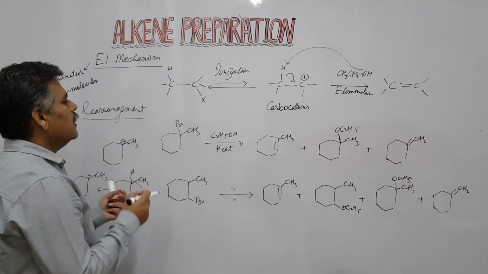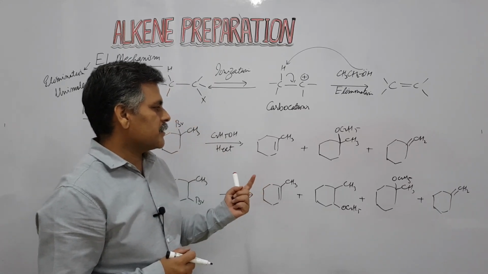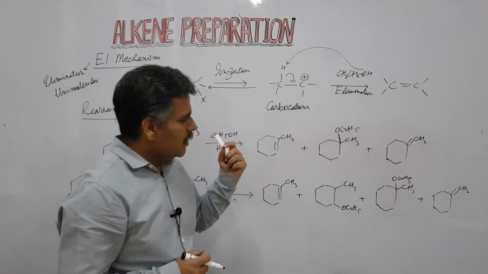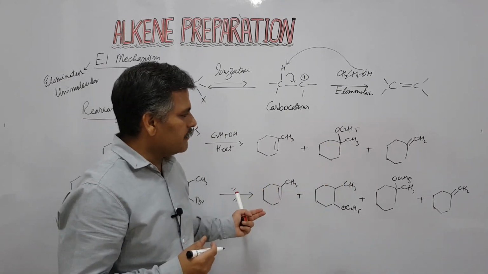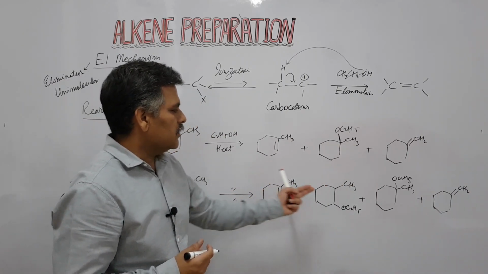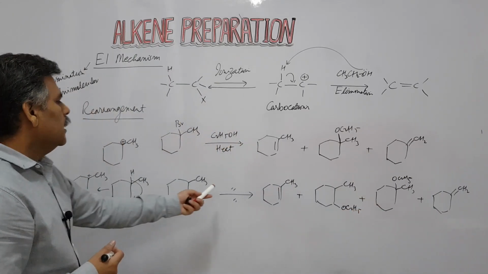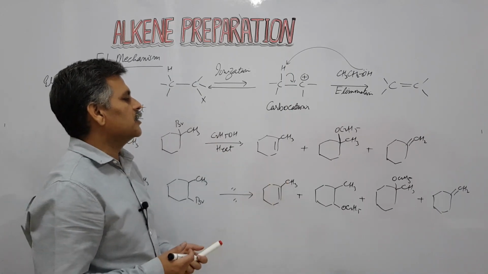So we can conclude that when we have a single substrate reacting by E1, it will give us multiple products, even two alkenes because of rearrangement of the carbocation, and two substitution products. One is formed by normal reaction of this O negative with this carbocation, and the second is with the rearrangement reaction.